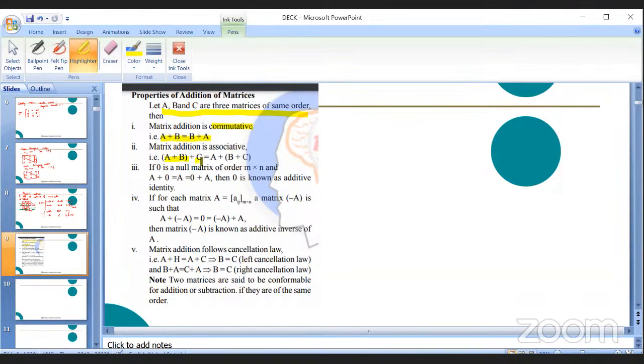A plus B plus C is equal to A plus B plus C, this is associative. A plus 0 matrix is the same as 0 plus A, which is equal to A. 0 is called the additive identity. Then A and minus A, if you add, you will get the 0 matrix. Minus A and A, if you add, you will get the 0 matrix. So minus A is called the additive inverse of matrix A.